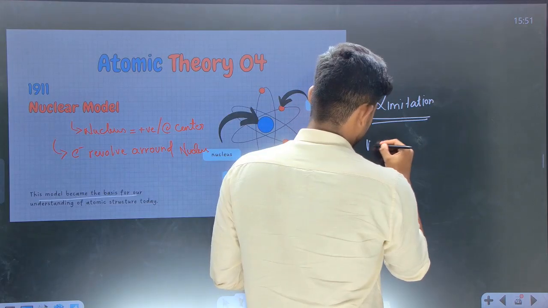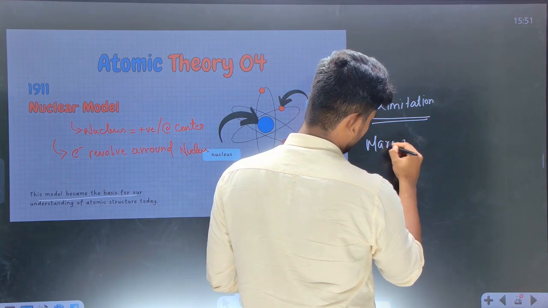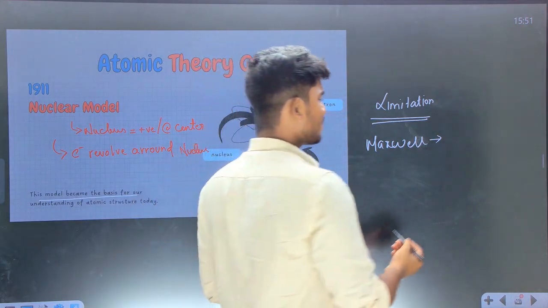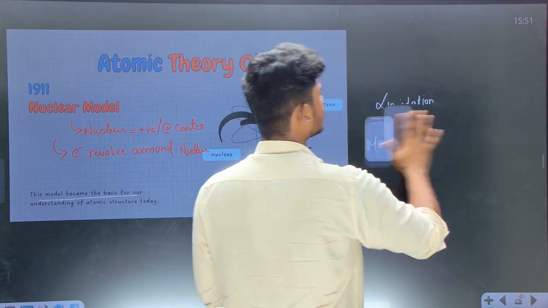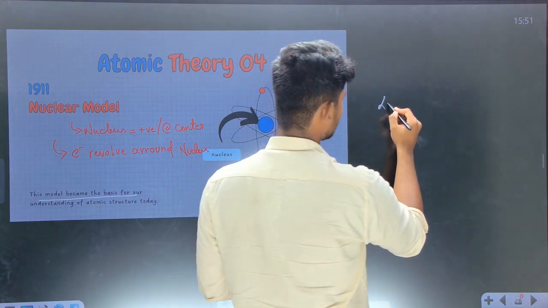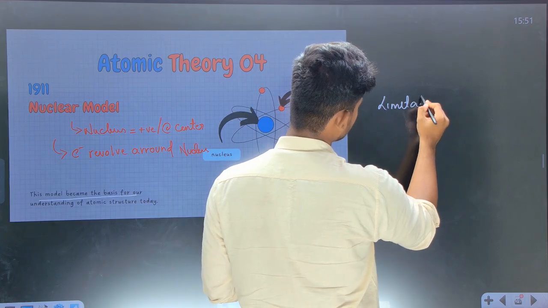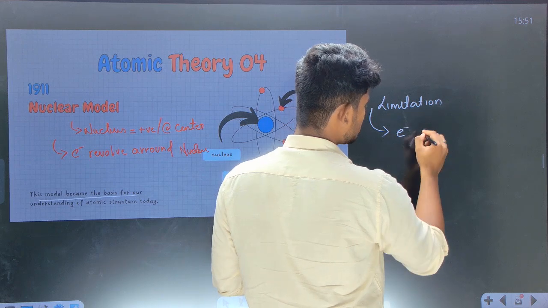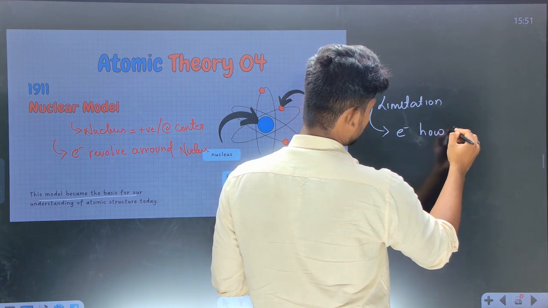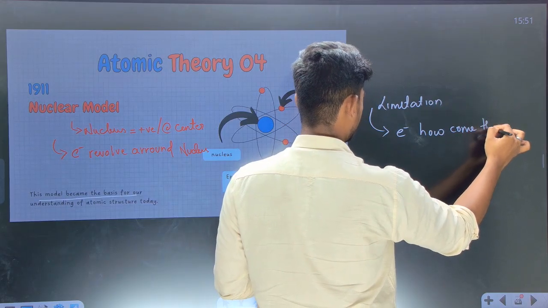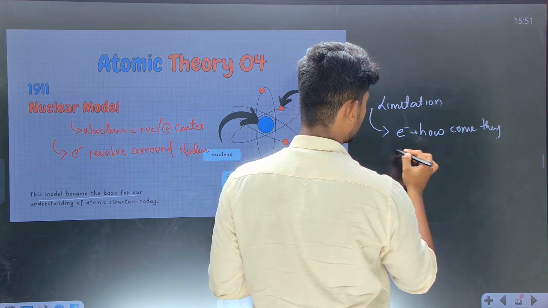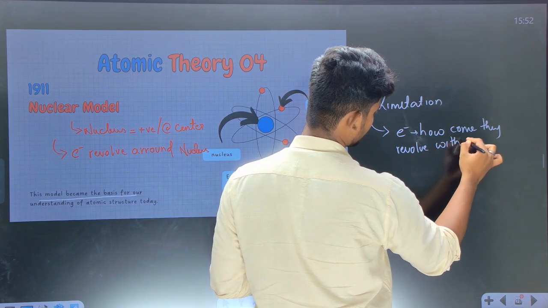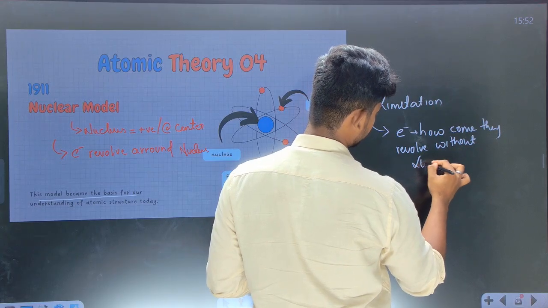Maxwell proposed a theory that says the limitation was: how do electrons revolve without losing energy?